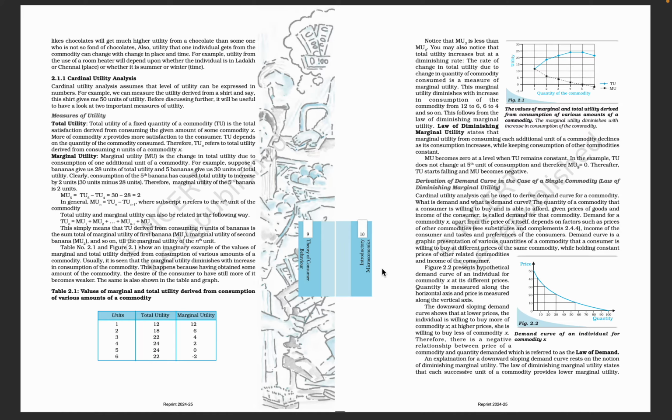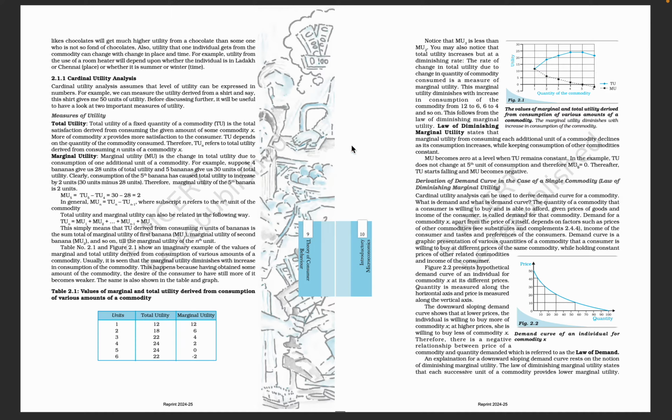Marginal utility. Marginal utility, MU, is the change in total utility due to consumption of one additional unit of a commodity. For example, suppose 4 bananas give us 28 units of total utility and 5 bananas give us 30 units of total utility. Clearly, consumption of the 5th banana has caused total utility to increase by 2 units, 30 units minus 28 units.